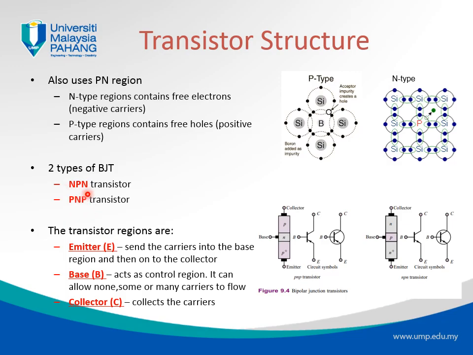NPN means you have two N regions and one P region in between, whereas PNP has one N region in between, with a P region on each side, right? So you have these two configurations of P-N regions, either PNP or NPN.